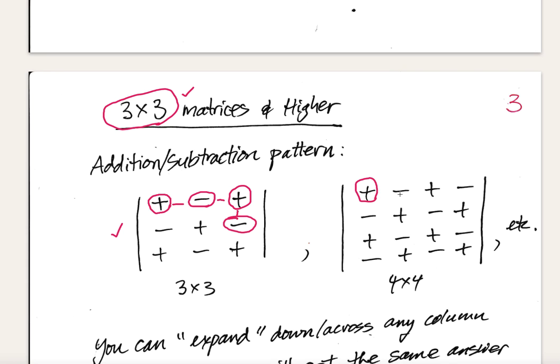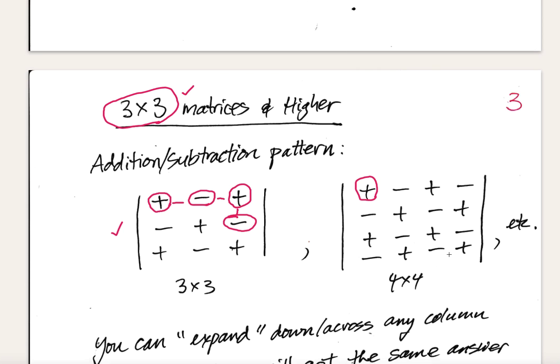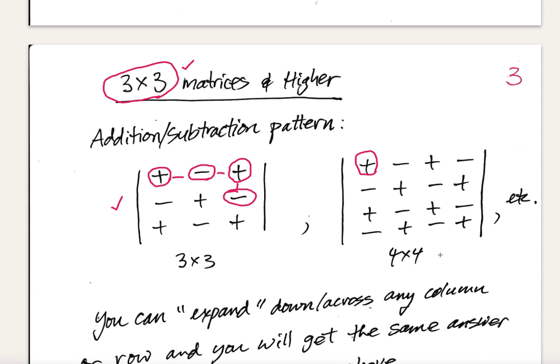That's plus. Move over, and it becomes what? Minus. Move over, plus, minus. Move down one place, plus, and then over, minus, plus, minus, plus, minus. Do you see the pattern there? Okay, so that's for 4 by 4s. And I'm not going to keep writing that, but we could, right? A 5 by 5, you would have what across the first row? Plus, minus, and then what? Plus.